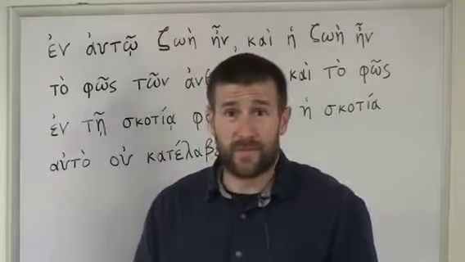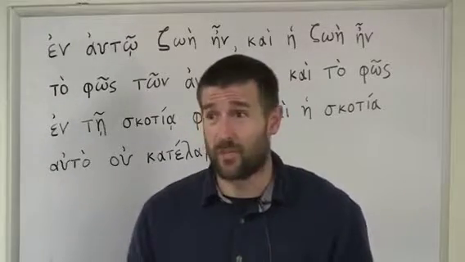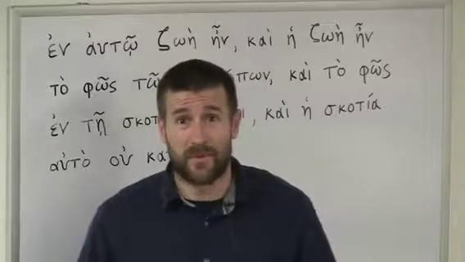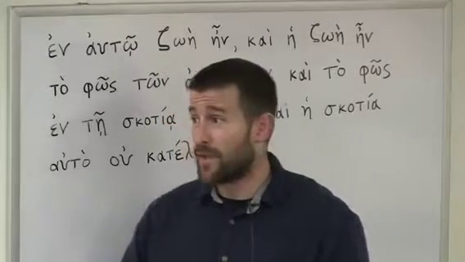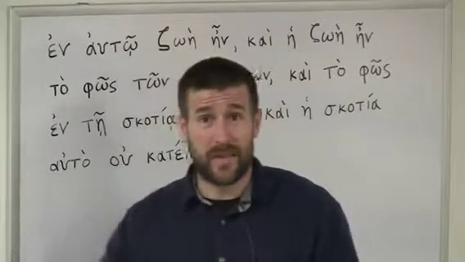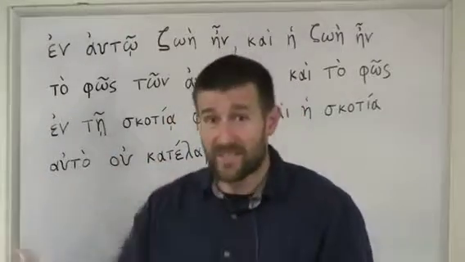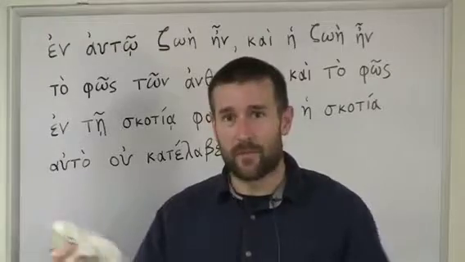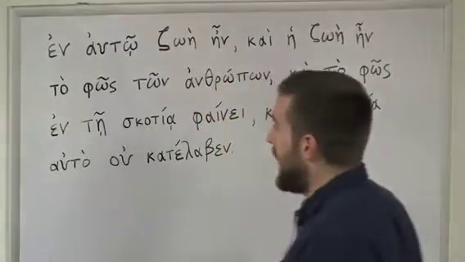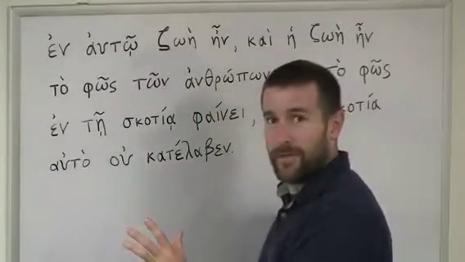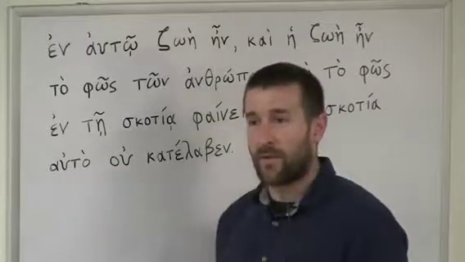I mean, there are differences between King James Bible English and the way we speak today. That doesn't mean it's a completely different language. There are differences between the way an Australian speaks and the way an American speaks, or the way someone from Great Britain speaks. But that doesn't mean that it's a completely different language. And there's a lot of crossover between modern Greek and biblical Koine Greek.